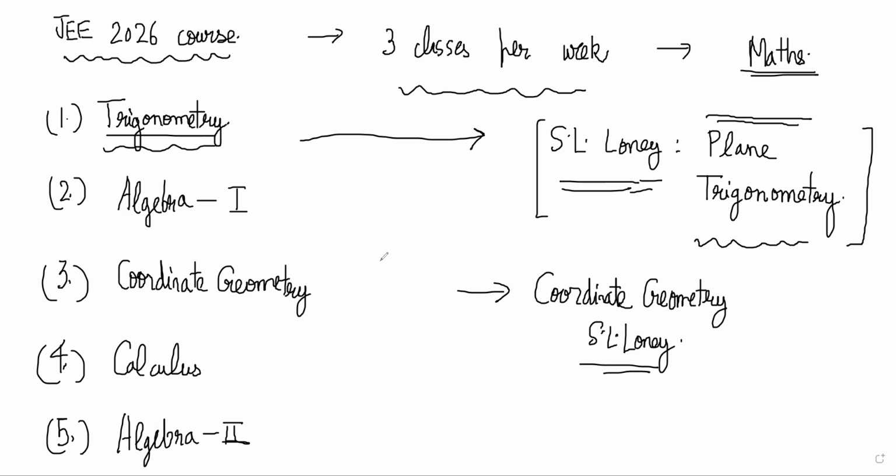Sir, your screen is not visible. The screen is not visible. You have to check your connection. One second. Something is wrong with your connection, I think. Are you able to hear me? Yes, sir, but you cannot see the screen. No. One second, let me just try again.